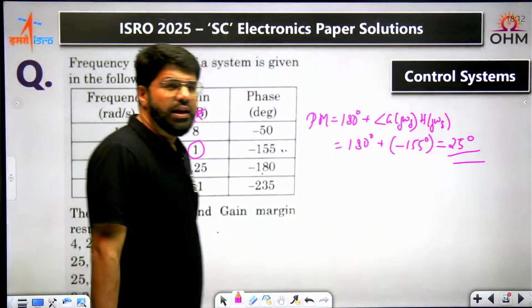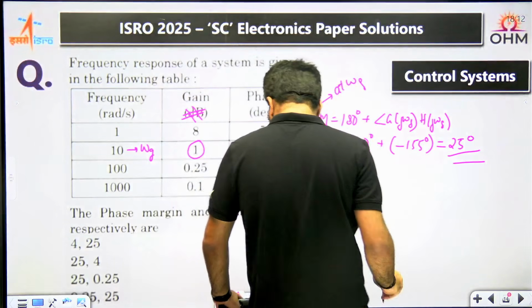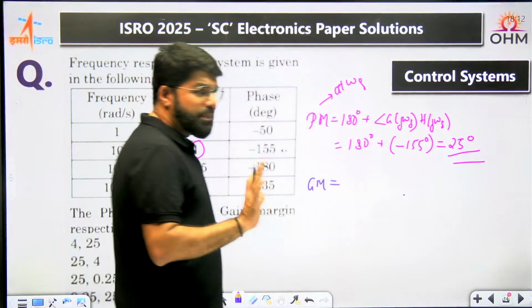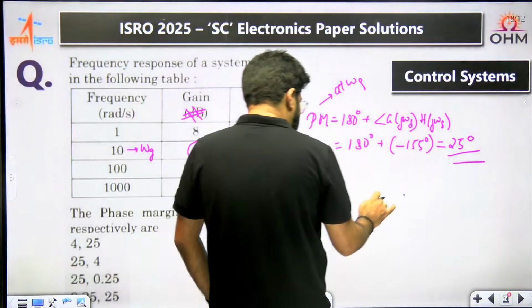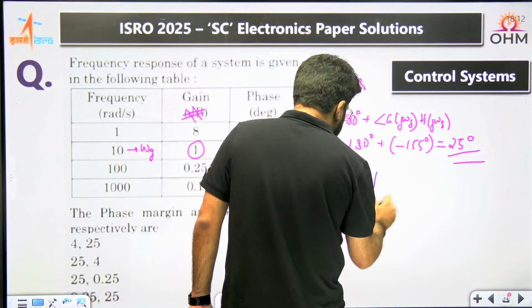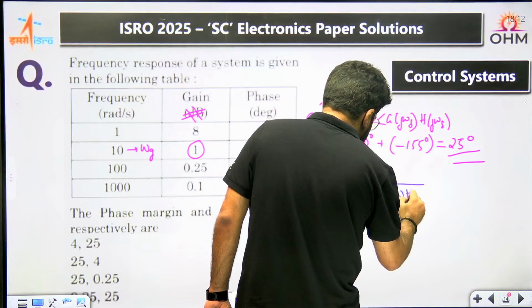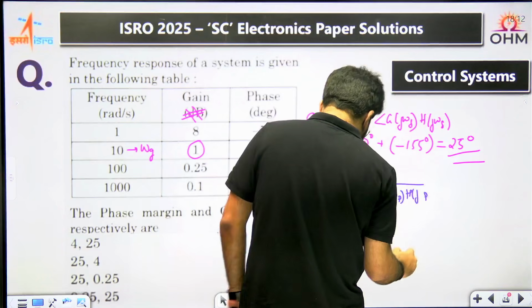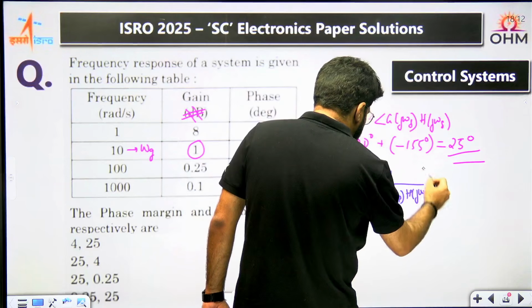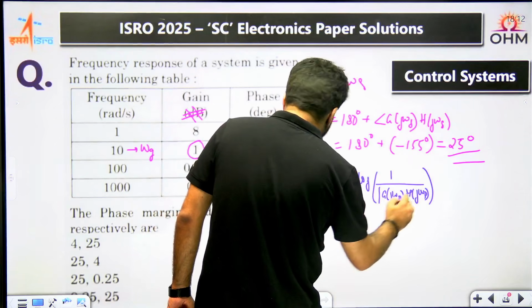Phase margin was calculated at omega g, that I highlighted. Now, what is the gain margin calculation? The gain margin in decibel is given by 20 log 1 upon mod G(j omega p) at j omega p, or you can write it as minus 20 log of mod G(j omega p).